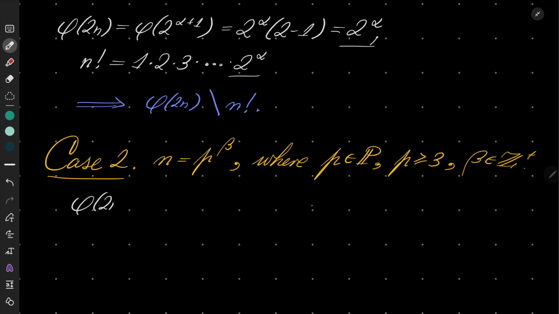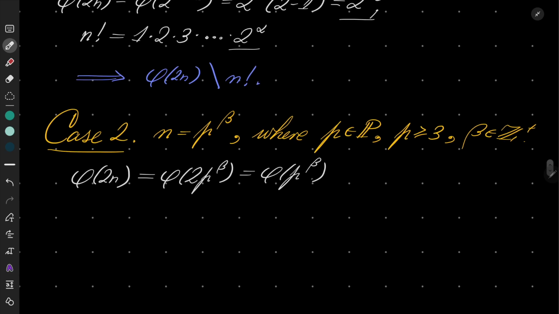Phi of 2 times n is phi of 2p to the power of beta. And as I suggested, phi of 2 times some odd number is just the same as phi of p to the power of beta. Okay, and what's that?